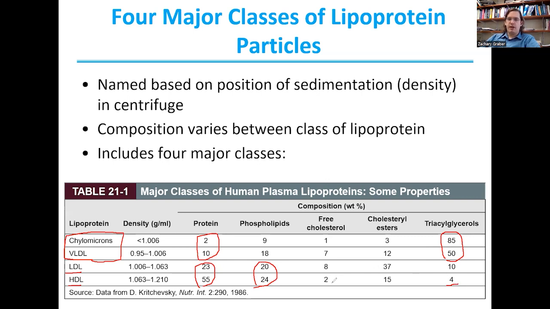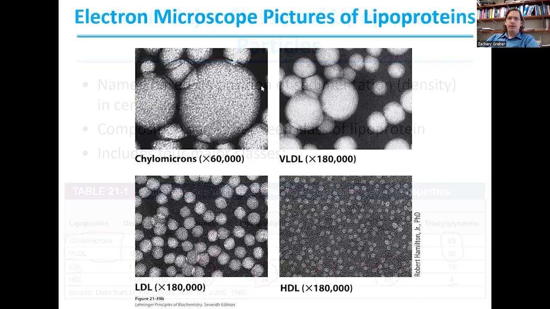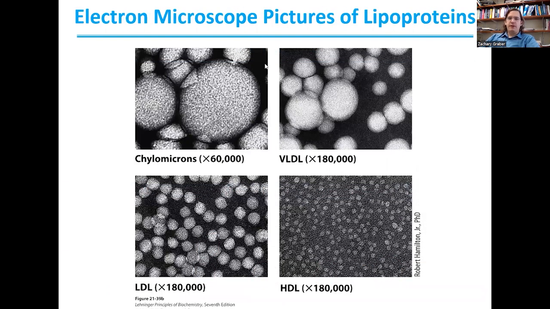We also have much higher concentrations of cholesterol, whether it's in our cholesterol ester form or in our free cholesterol form in our higher density lipoprotein particles, with our LDL containing the highest percentage of cholesterol of all of our particles. The density difference between these particles is also reflected in their size.